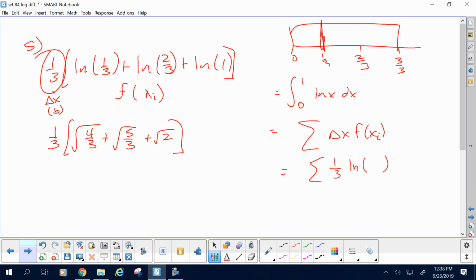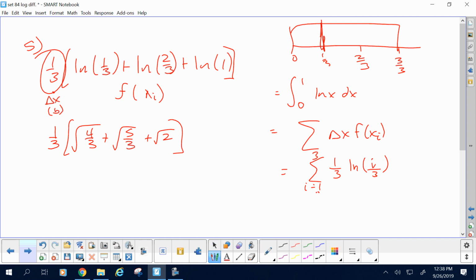And so it's not just log of i, because this doesn't count by thirds. It counts by ones. 1, 2, 3. So if I want the third to always be there, then the counter is i equals 1 through i equals 3. Not n, 3. Okay? Does that make sense? Cool.